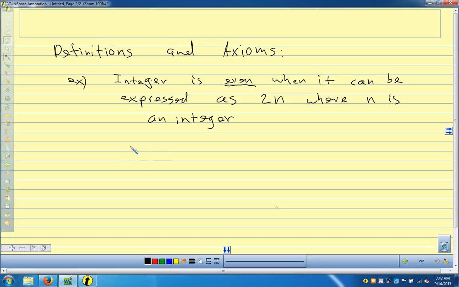So we're going to say an integer is odd when it can be expressed as 2n plus 1, 1 more, or 2n minus 1, where n is an integer.